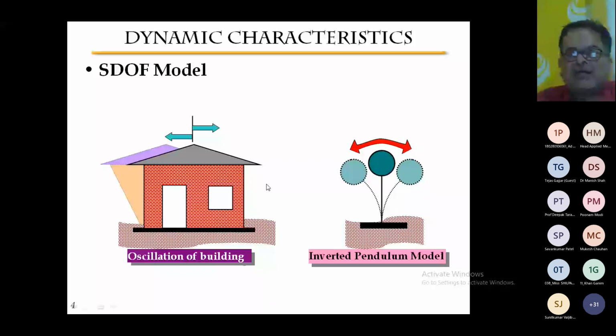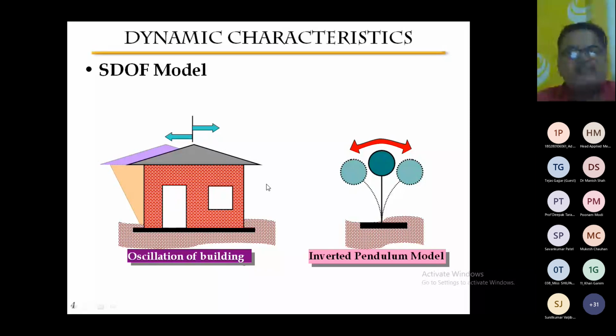If you look at Newton's first law of motion, it says that a body at rest will try to remain at rest, and a body in motion will continue its motion unless and until some external force acts on it. So what will happen when earthquake shaking starts? At that moment, our building is at rest and it will try to remain at rest.